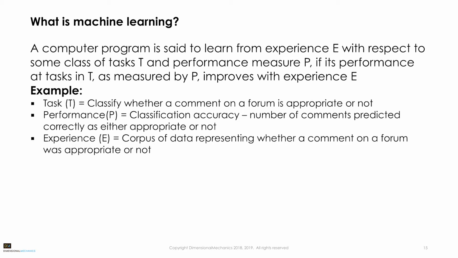Performance could be classification accuracy, and experience is the corpus of data that's used to actually train models. So all machine learning problems ultimately can be described as a set of experiences E that are used to train to perform some task T measured by some performance P.